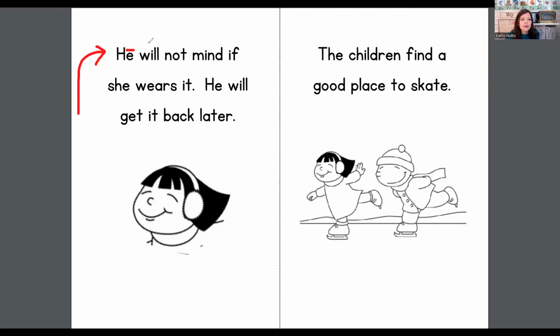He will not mind if she. This is one of those words, the sounds of EA, and here the EA is going to say A. Wears it. He will get it back later.